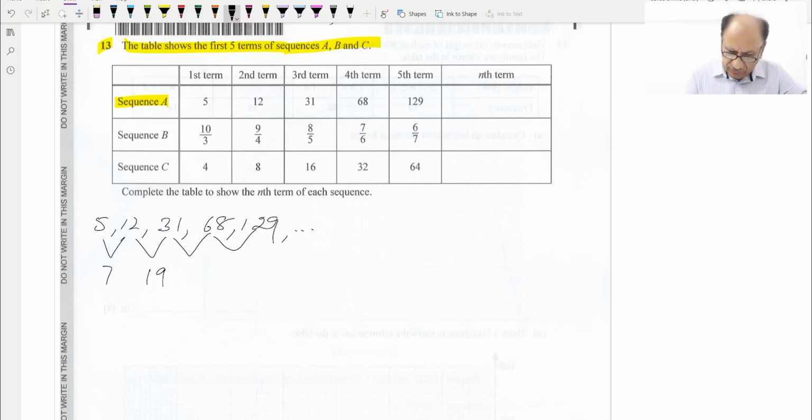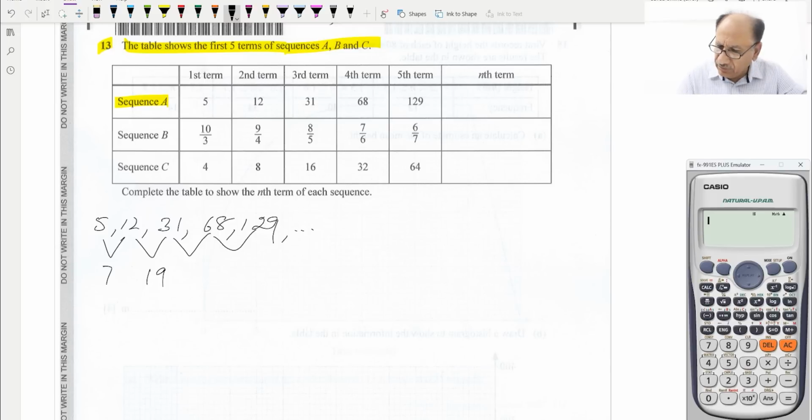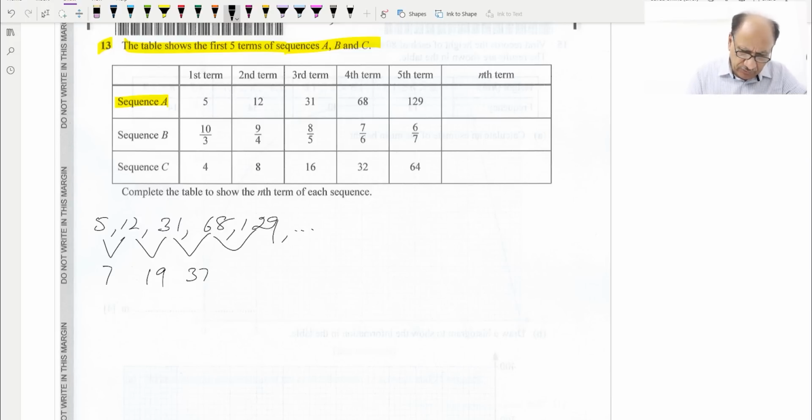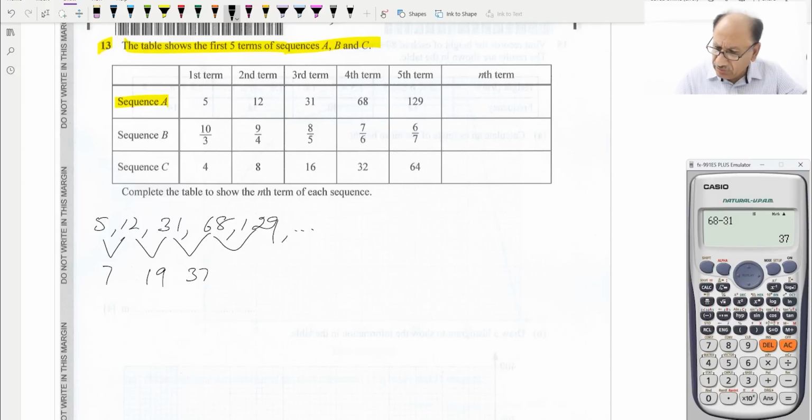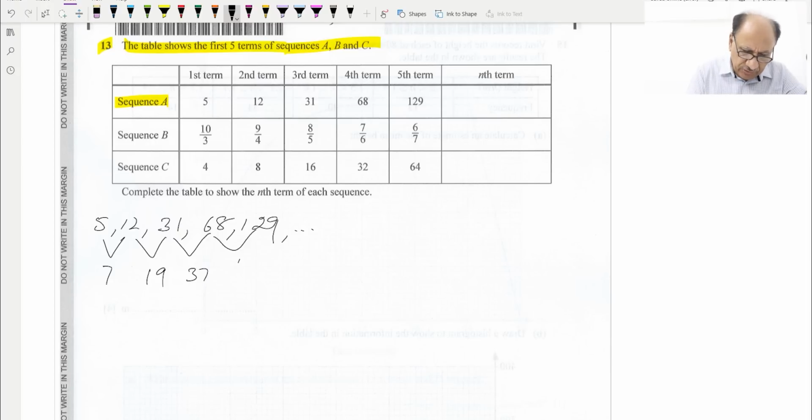And then similarly 68 minus 31 will result to 37. And then 129 minus 68 will be equal to 61.